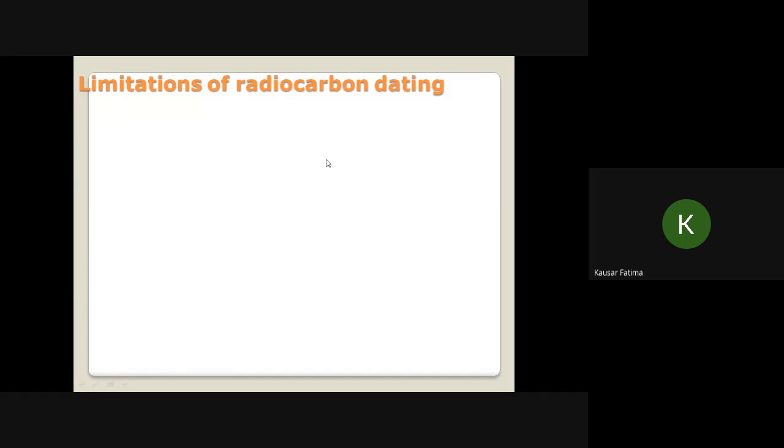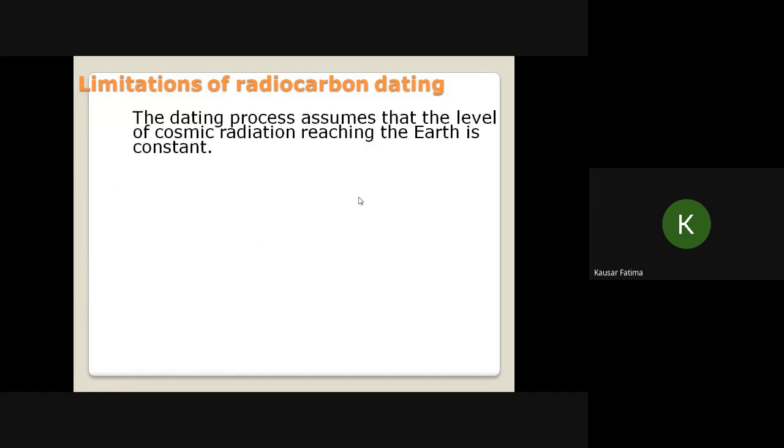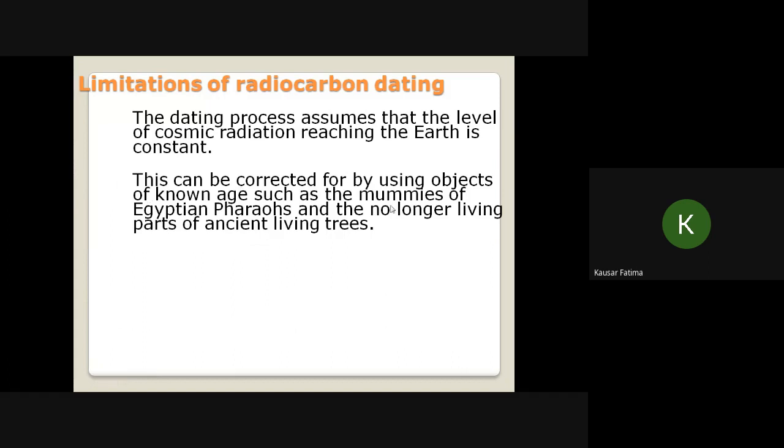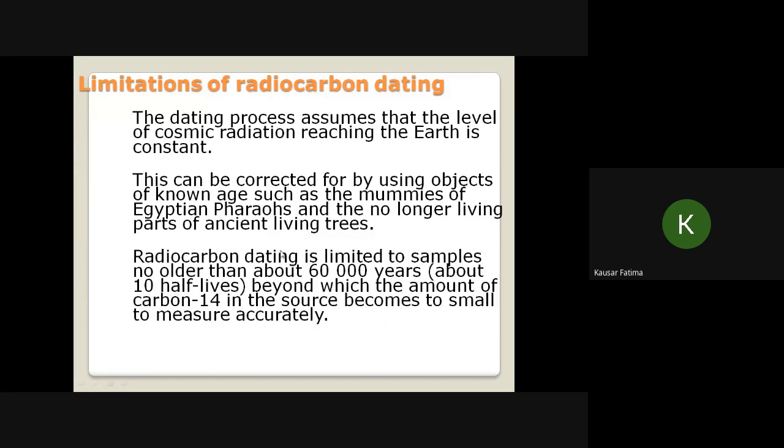Limitations of radioactive dating. Radiocarbon dating assumes that the level of cosmic radiation reaching the Earth is constant, and this can be corrected by using objects of known age, such as mummies of the Egyptian pharaohs and the no longer living parts of ancient trees.